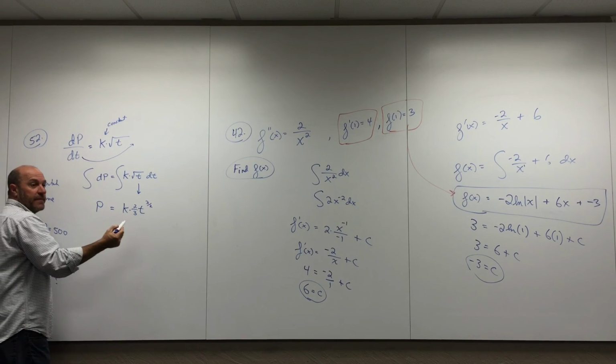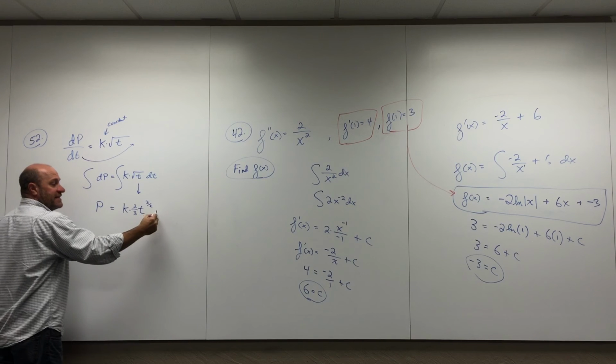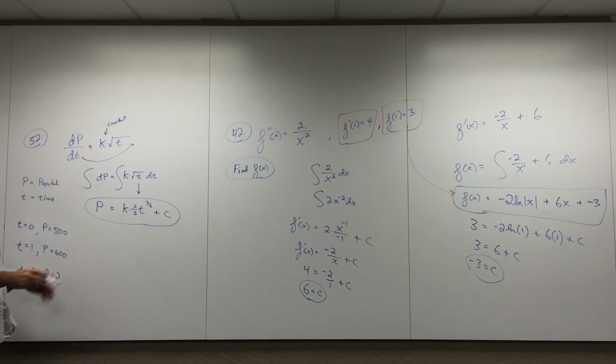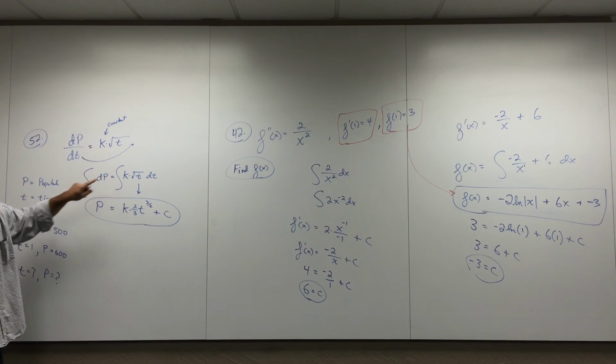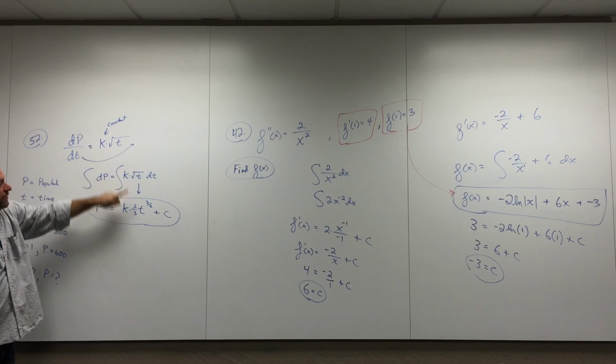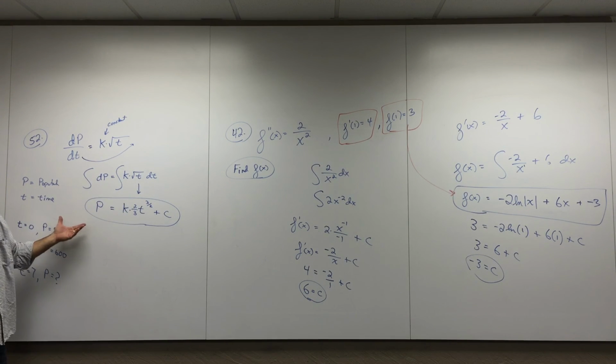Integrate him, he's a t to the 1/2, and I did it. Plus C. Cool. That didn't take too long. I moved this dt over and integrated both sides. You could have just said, I'm integrating this, and you would have got this, and call it P.